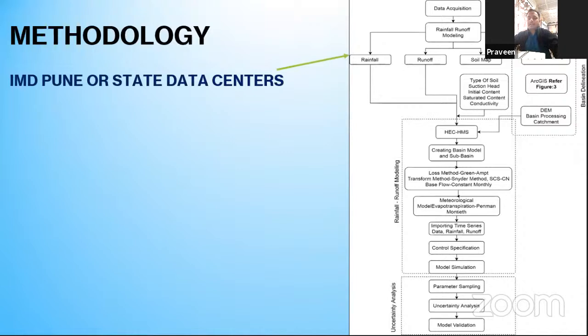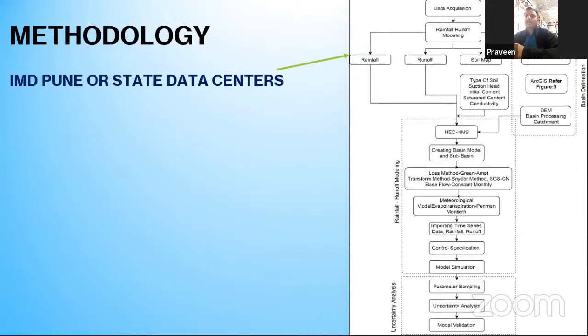First, we should have rainfall data. Rainfall data depends on what kind of model you want to develop. It can be event-based rainfall, or it can be a continuous rainfall, continuous RR model.